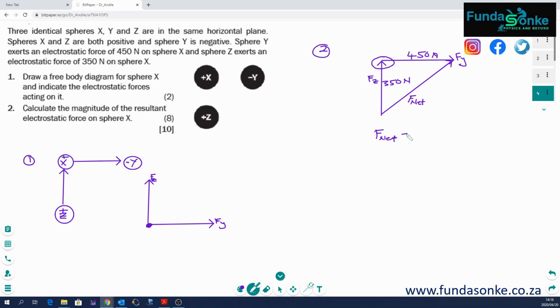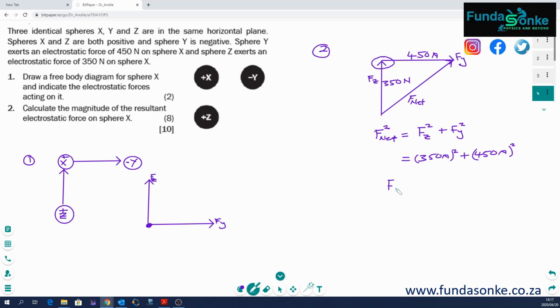So from Pythagoras theorem, we know that our force net squared will be equal to our force Z squared plus our force Y squared. This then will be equal to force Z squared, 350 newtons squared, plus 450 newtons, all of this squared.